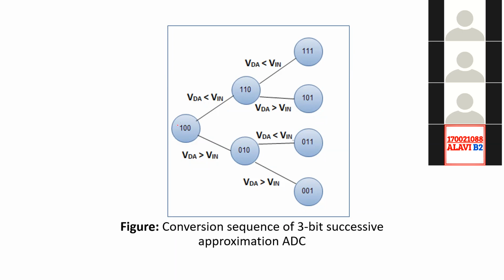So if we start from the MSB by setting it equal to 1, depending upon these two conditions, we may either decide to keep it to 1 or clear it to 0. So we will have two branches for the MSB. So if this condition is satisfied, it would be kept at 1, otherwise it would be cleared to 0. And after taking the decision from MSB, the next possible bit should be set to 1. And again, from each of these two nodes, there will be two separate branches deciding whether it should be kept at 1 or cleared to 0.